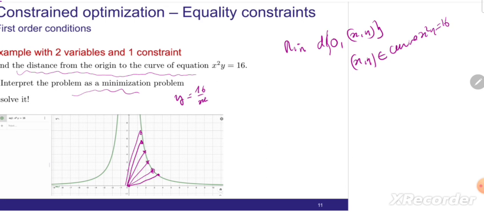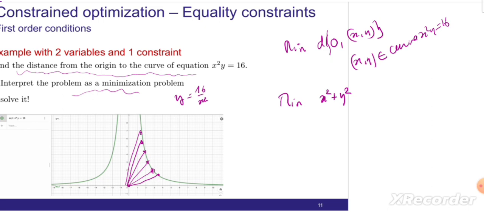So the distance between 0 and the point with coordinates xy is going to be the square root of x squared plus y squared. But of course, minimizing x squared plus y squared is the same thing as minimizing the square root of it. It's going to be located at the same place. So if we can get rid of the square root, that's even better.